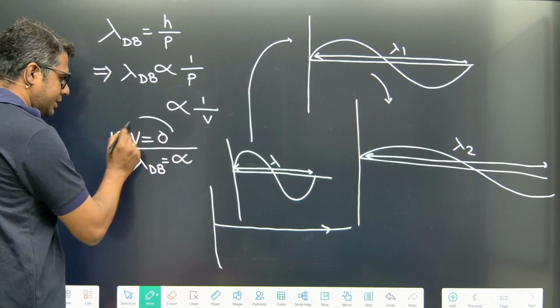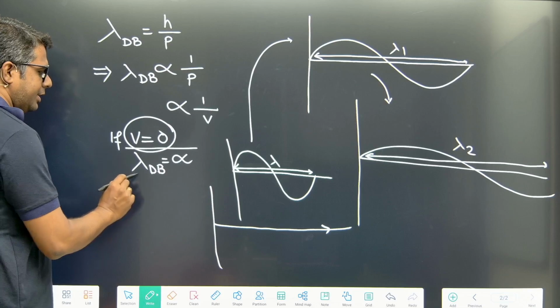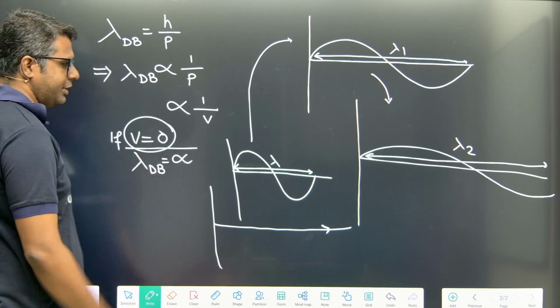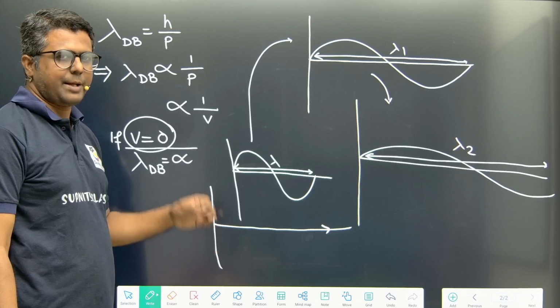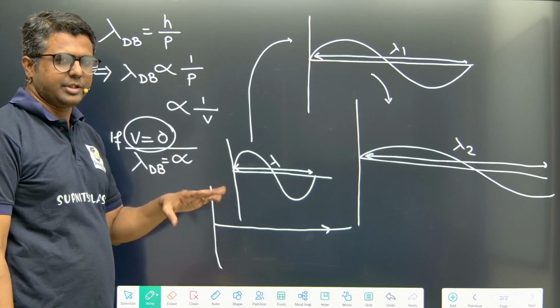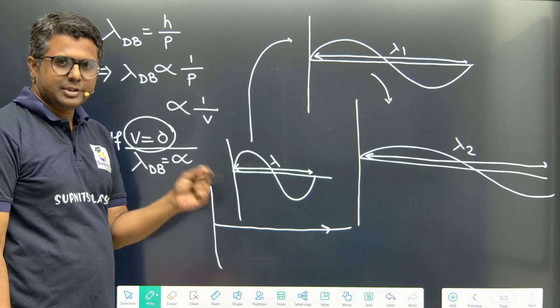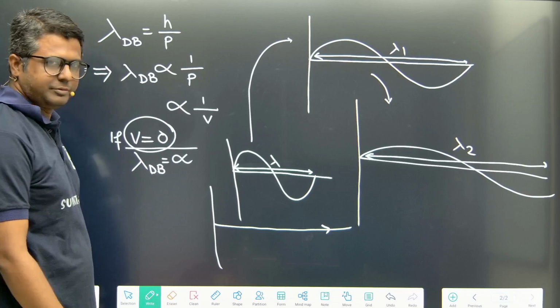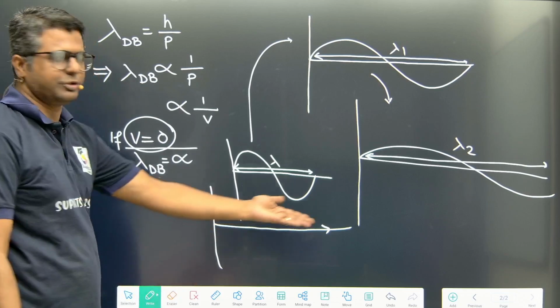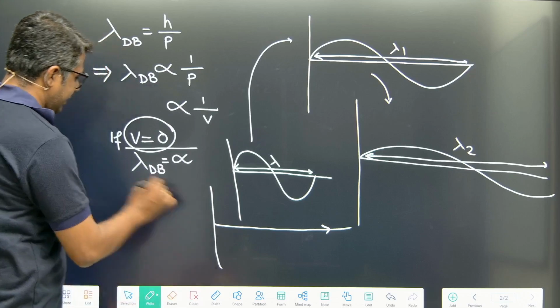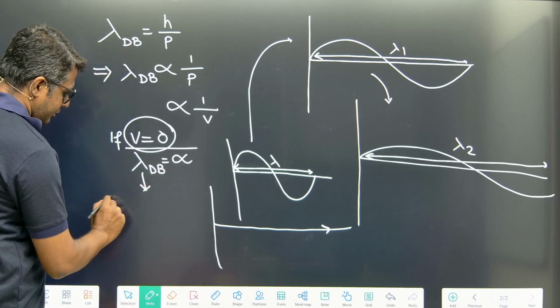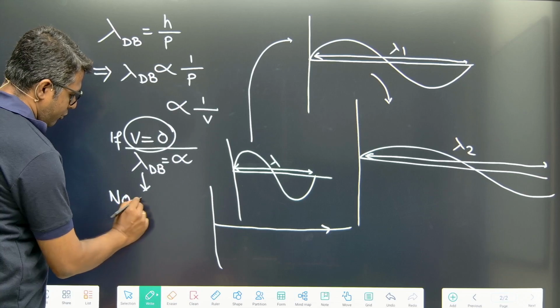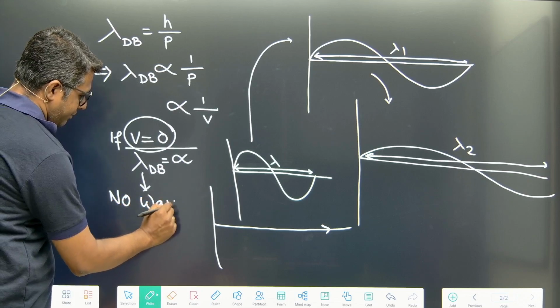Whenever the velocity is 0, then lambda de Broglie is infinity. That means lambda de Broglie or wave nature of a matter is not applicable when velocity is 0. Why? Because at that time it is not going to show wave nature. You can write this, what this signifies: no wave nature.